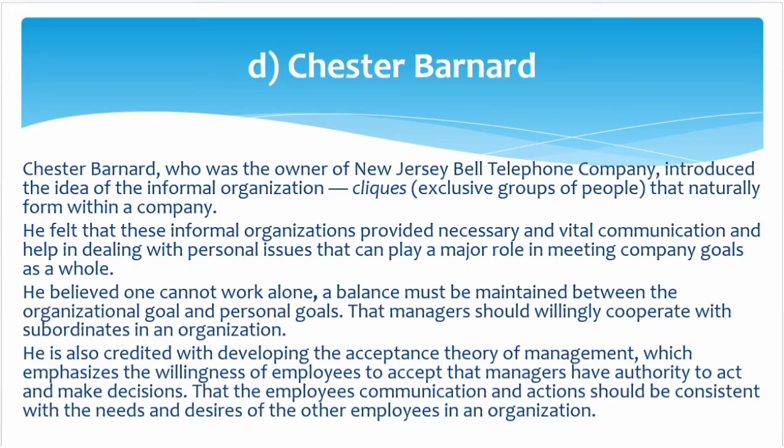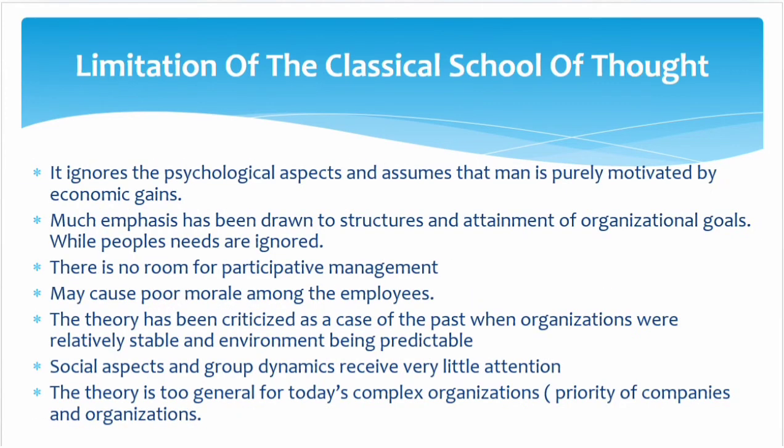So much has been the advantages. Now we have disadvantages of the classical school of thought as a whole. One of the disadvantages is it gives little attention to group dynamics. Another disadvantage is that it assumes that people are purely motivated by economic gains.